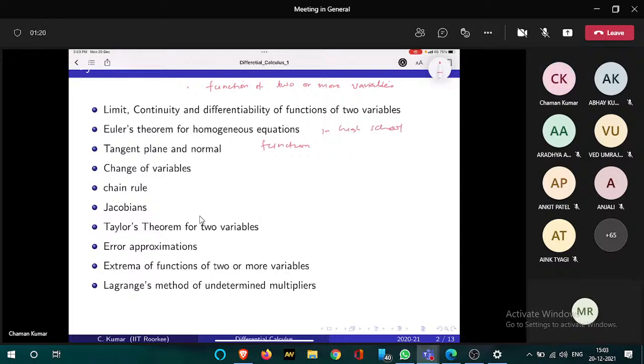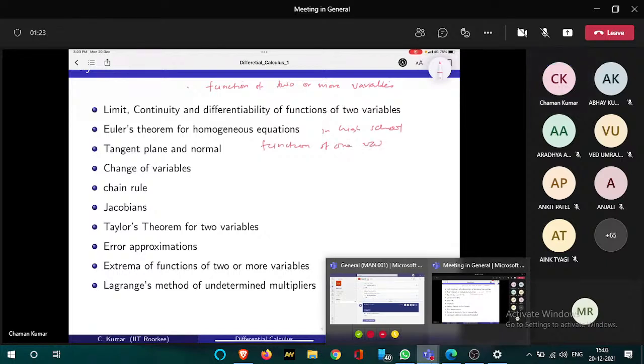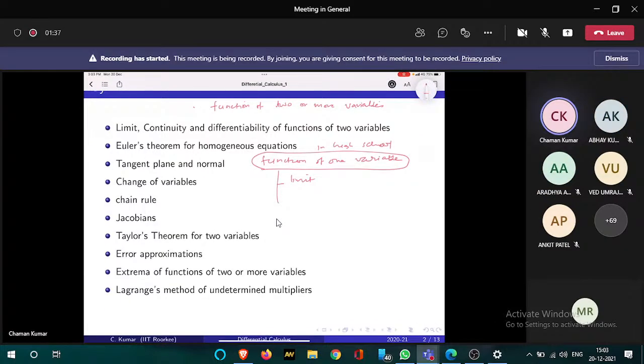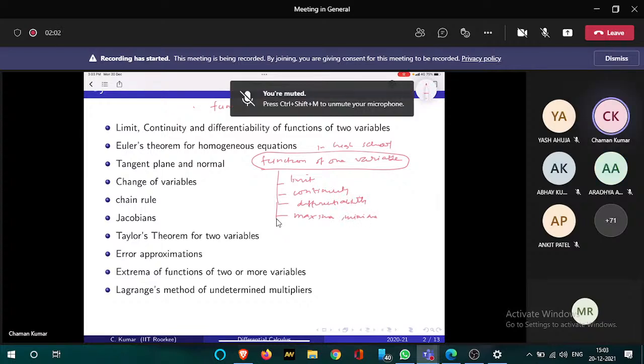You have learned what we mean by the limit of a function, what we mean by continuity, what is differentiability, maxima, minima. So all these things you have done in your high school.